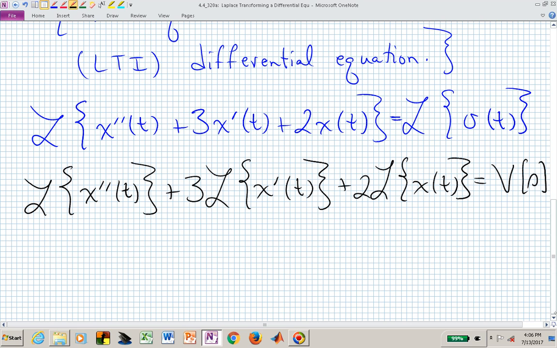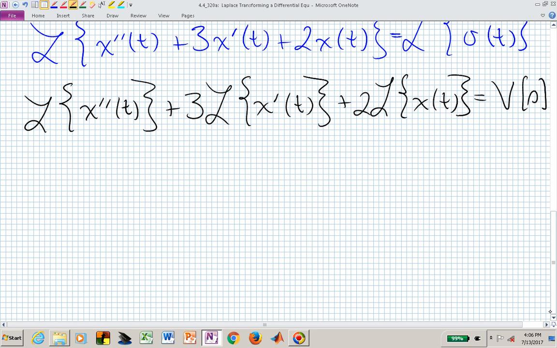Now we want to start Laplace transforming these individual pieces, and maybe we'll have to do it in multiple steps because we don't know right now what the Laplace transform of a second derivative looks like. But we do know what the Laplace transform of a first derivative looks like, so let's apply that one time, and maybe we'll figure out what to do once we see where we're at.